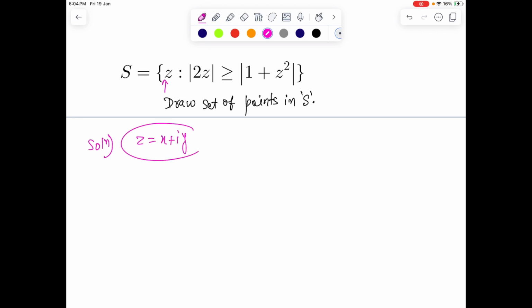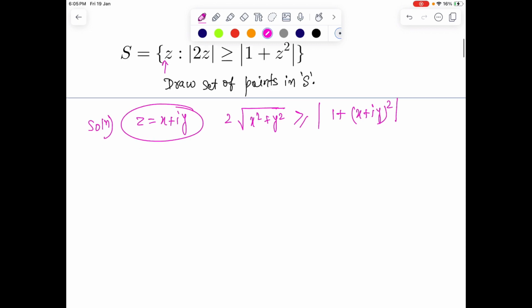If I put z as x plus iy, the given expression becomes 2 mod z, basically 2 root of x square plus y square, is greater than or equal to mod of 1 plus (x plus iy) whole square, which evaluates to this.